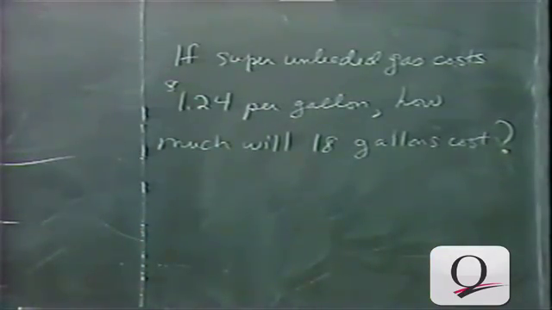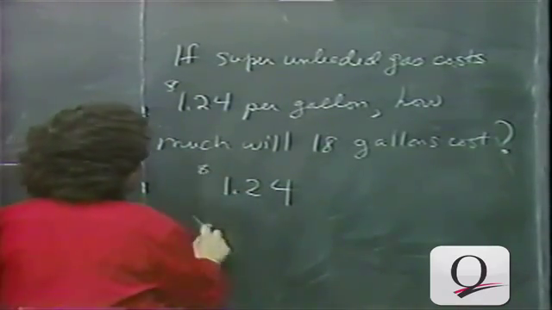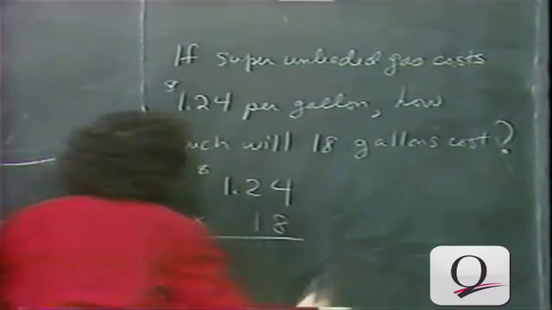This, of course, indicates multiplication. To figure out the cost of 18 gallons, you will take the cost for 1 gallon and multiply by 18.